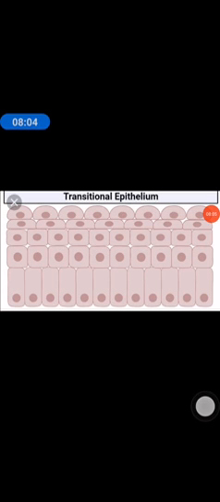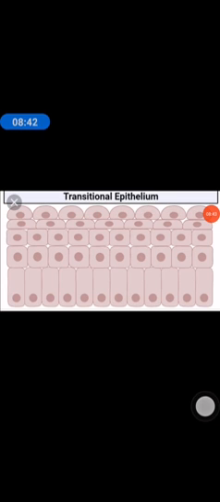Again, I repeat, the transitional epithelium or urothelium. Histological structures: cells are arranged in 4 to 6 layers, and upper layer is dome-like or umbrella-like cells. Intermediate layer is cuboidal or polyhedral cells, and basal layer is cuboidal or even columnar-like cells. Distributions of transitional epithelium are in the lining of urinary bladder, ureter, renal calyx, and upper part of the urethra.